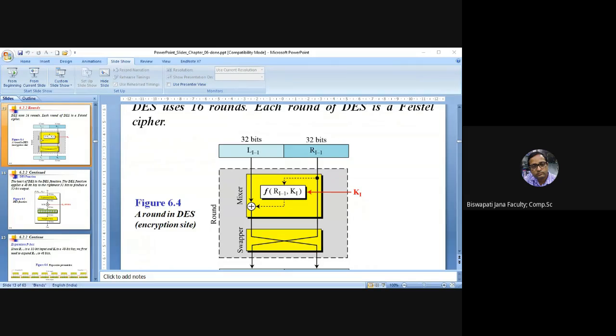So basically, the swapper has the left side and right side parts, and it interchanges them, sending the left side to the right side and the right side to the left side. So again you get 32-bit left and right parts.